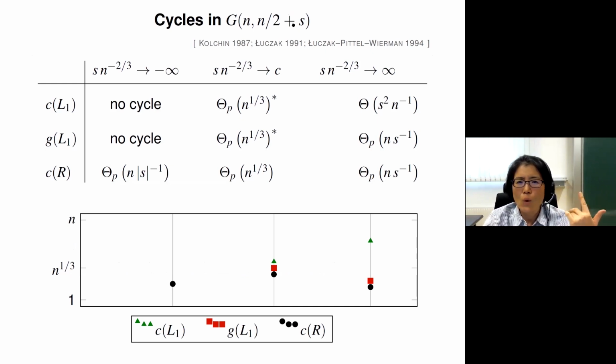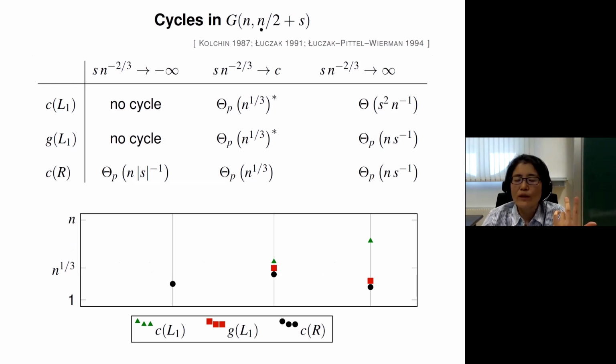Now, the circumference and girth, or their order, changes depending on the relative order of s, the comparison of s to n to the 2/3. So in the Erdős–Rényi random graph, in the critical ranges, when the number of edges is n over 2 plus s, it behaves differently when s times n to the minus 2/3 tends to negative infinity.